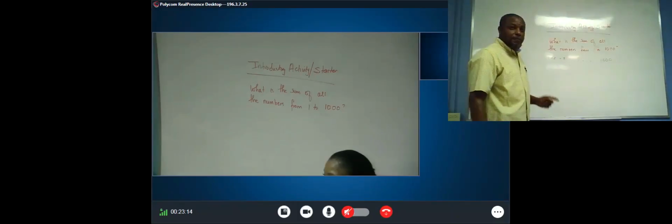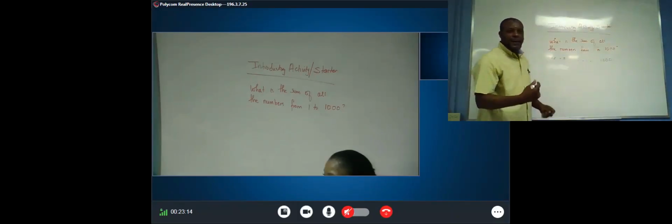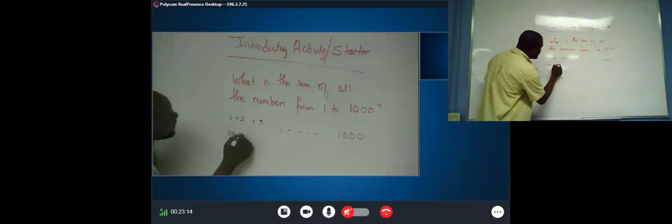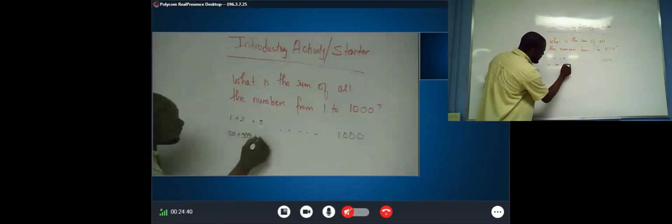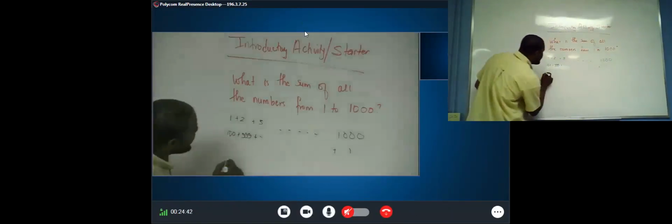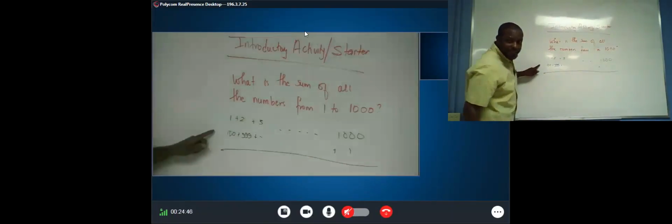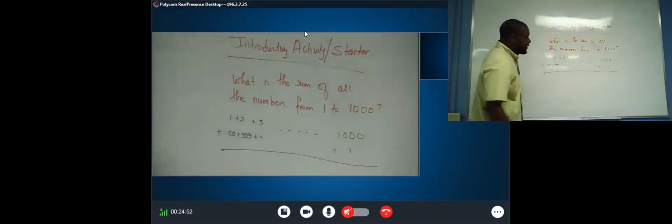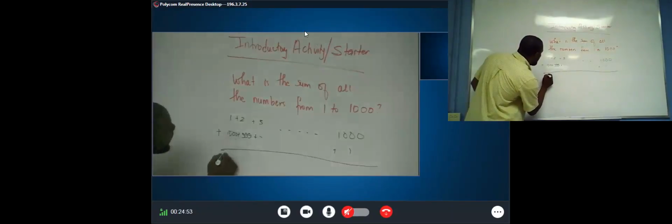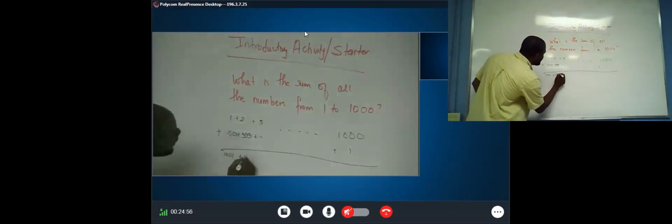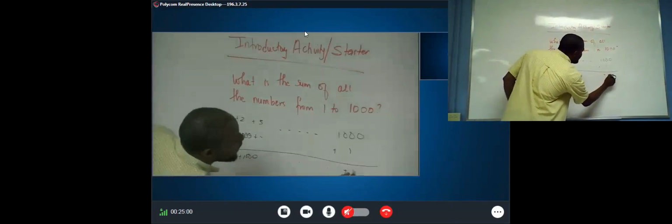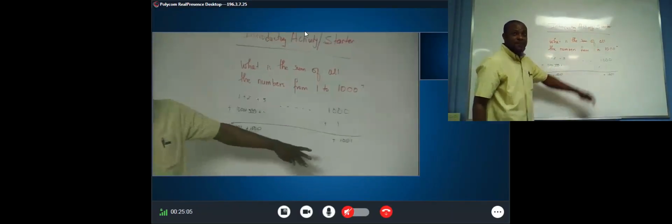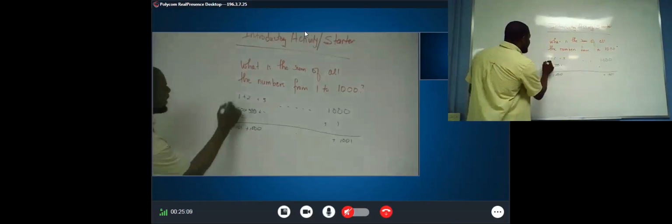And in the line below, I did it in reverse: 1,000 plus 999 plus all the way down to 1. Then I sum both lines separately. So I'll have 1,001 plus 1,001 all the way up, so that's 1,001, 1,000 times.